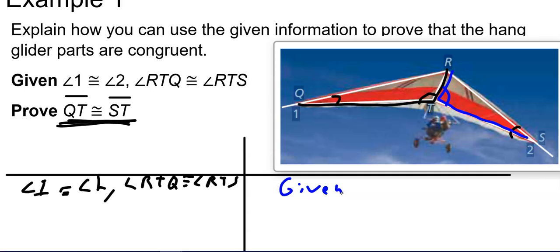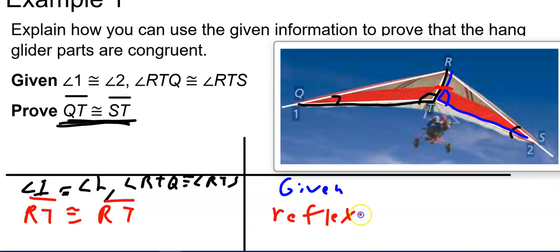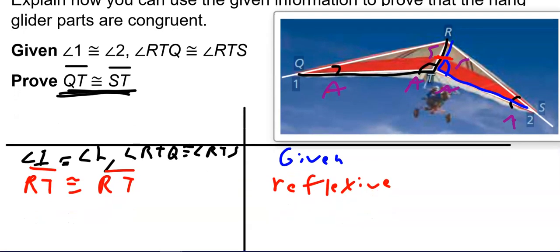All right? Now we need to prove these triangles are congruent. So what do we always mark? Well, anytime we have a shared side like this, we can say RT is congruent to itself by the reflexive property. And look what we have. We have AAS. We have proven the triangle is congruent.